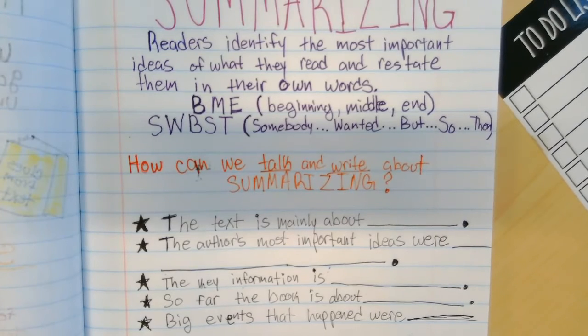And then we also have to write a summary of Raymie Nightingale so far. So because we have to write a summary of Raymie Nightingale so far, I'm going to read to you more of Raymie Nightingale in the next video, okay? So make sure to watch the next video.